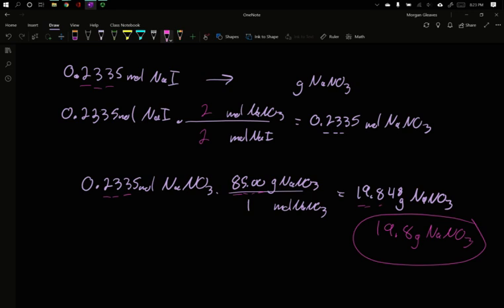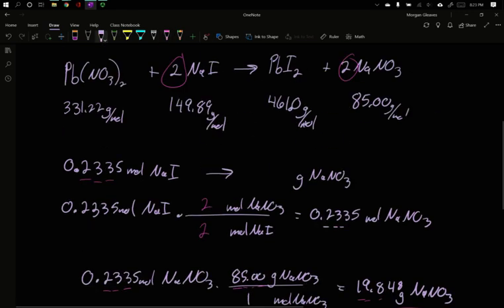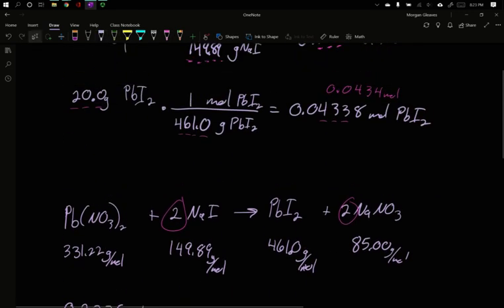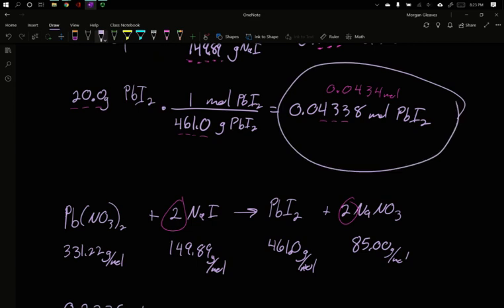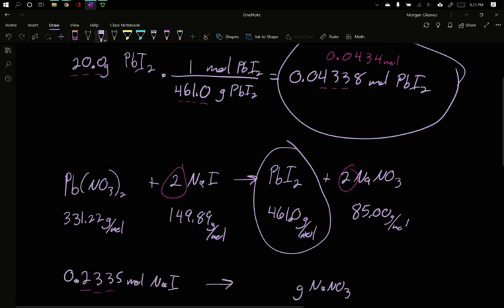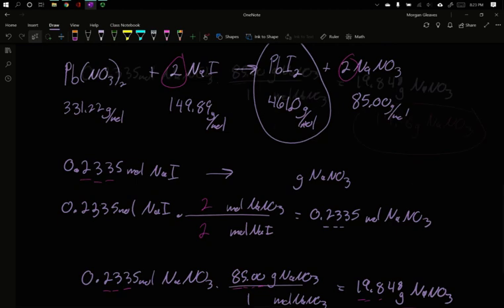Well, let's try it again, but this time, let's use our lead iodide. We had significantly less lead iodide, but it starts at a different part of our balanced reaction. How's that going to affect our amount of product, our amount of sodium nitrate?